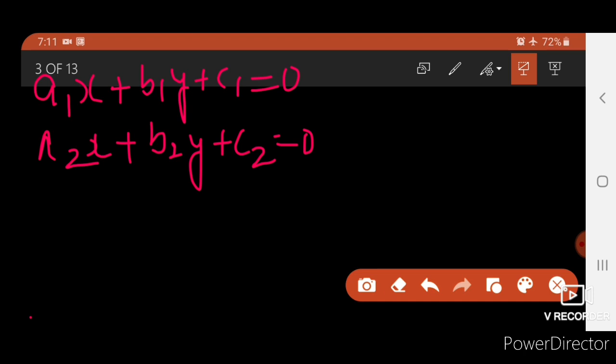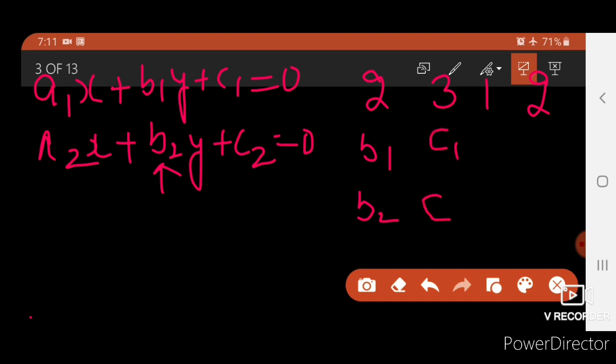Now in the rough work you all have to write 2, 3, 1, 2. 2 means the coefficients of the second column. Here the coefficients of the second column are b1 and b2, so we will write b1 and b2. After that we will write the coefficients of the third column, c1 and c2. Then we will write a1 and a2. After that b1 and b2 again.